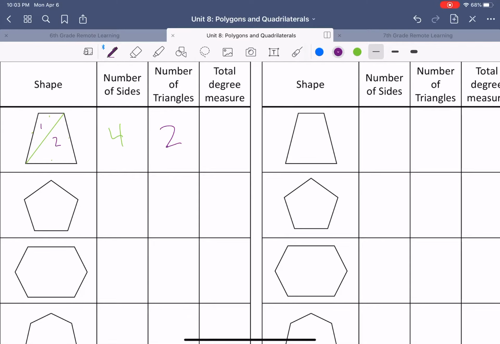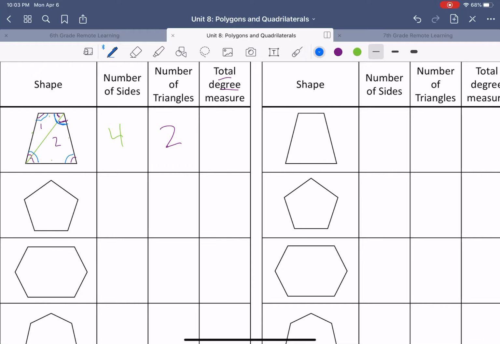And then when it says total degree measure, what we're going to look at is this triangle right here, its 3 angles are going to equal 180. And then our second triangle, its 3 angles also measure 180. If I add those 2 together, I notice that those are the 4 angles of my quadrilateral.